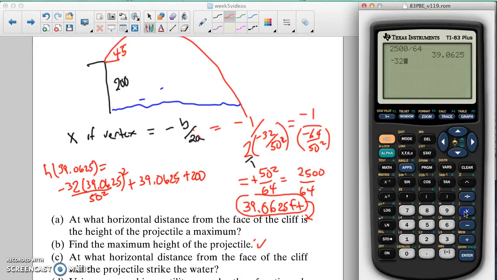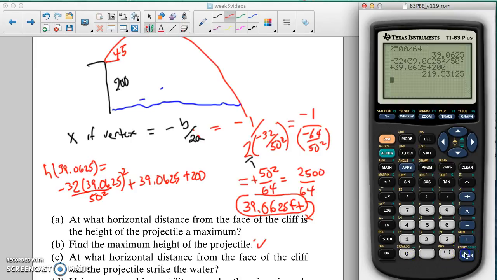-32 times 39.0625 squared divided by 50 squared plus 39.0625 plus 200.